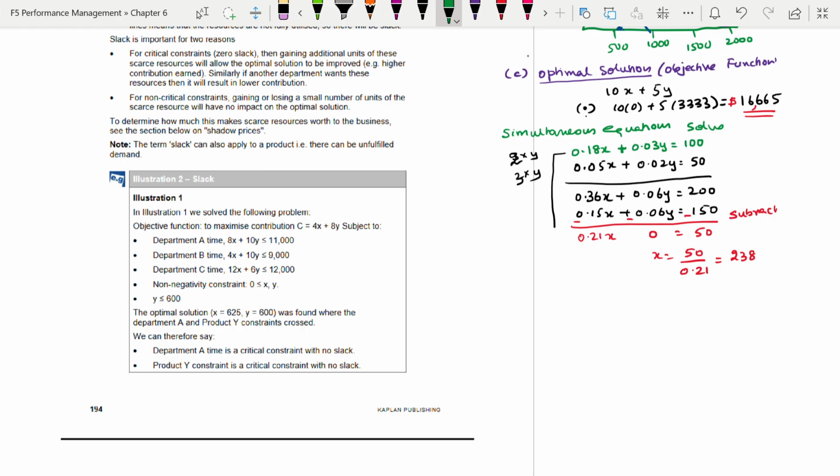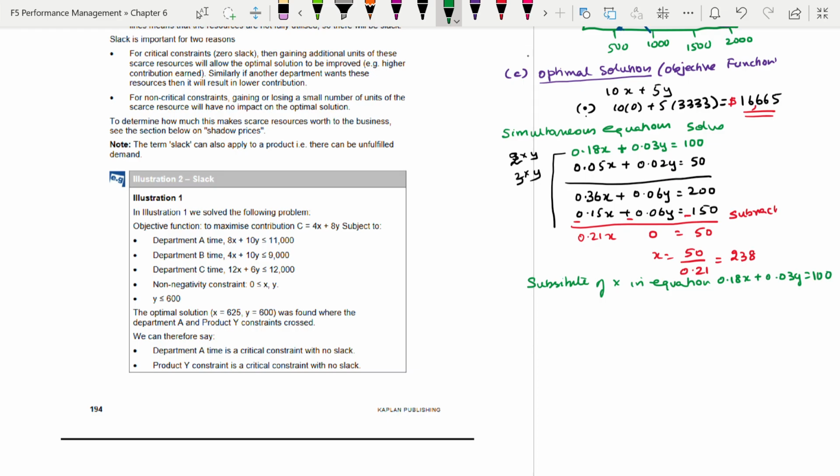Now, we calculated the value of x. How much did you get? Now you substitute the value of x in the equation 0.18x plus 0.03y equal to 100.